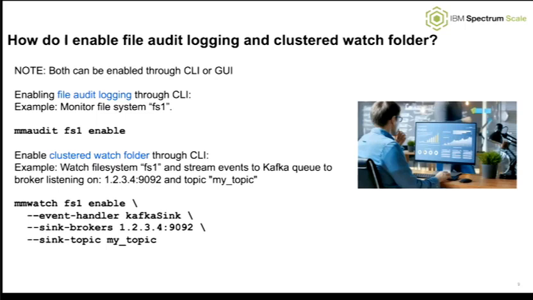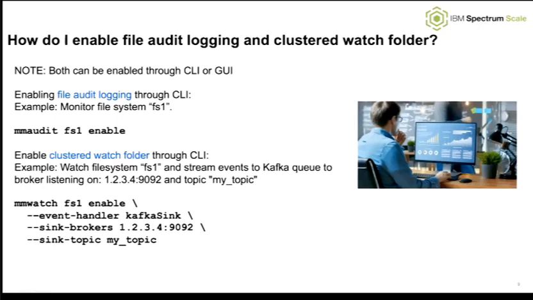For clustered watch folder, there's a little bit more you have to specify because it's a little bit more involved because you're streaming to an external Kafka sink. You have to specifically provide the broker address or addresses and the topic that you want to write to. It's still pretty simple, and you can use the enum watch command.